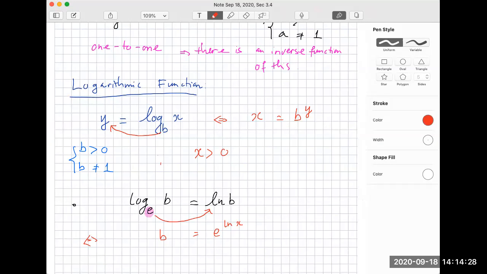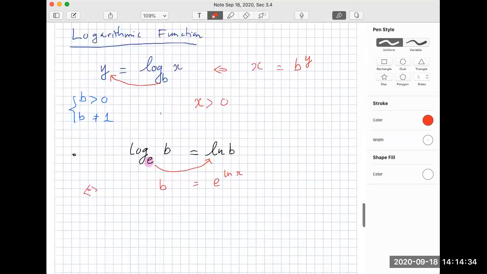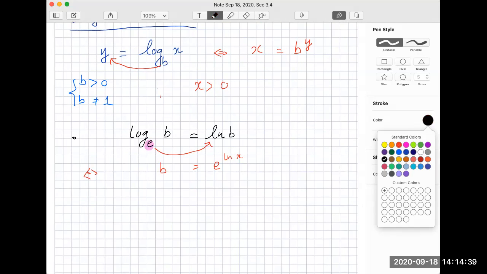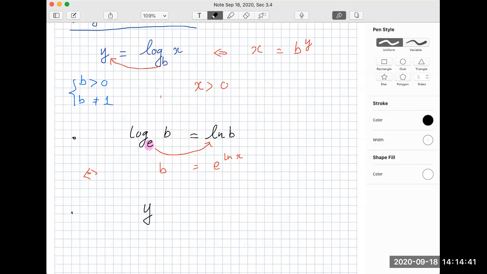These are basic things of exponential functions and logarithmic functions. That will help us to compute the derivative of any function y, which is b to the x.